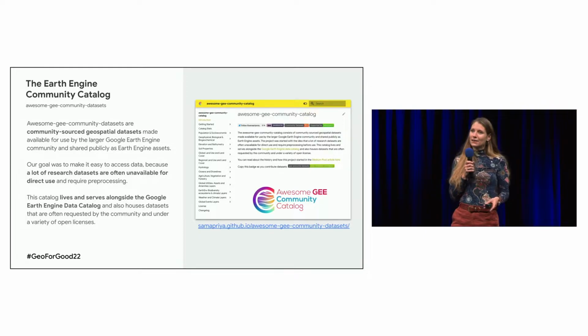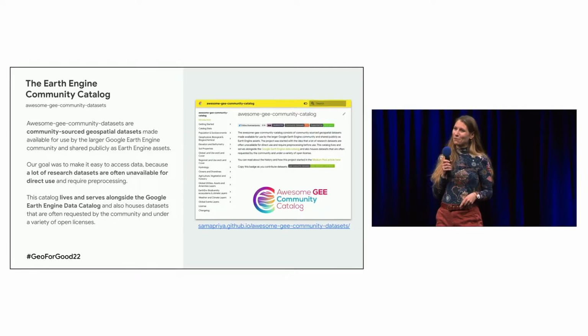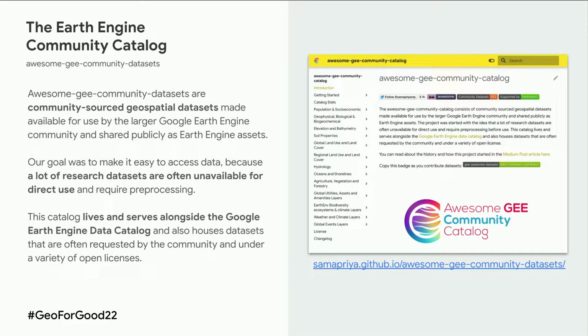It is outside of the data catalog proper, but it has all the same awesome features. These data sets have been ingested. We are working on the back end to some degree to keep them maintained and updated. We've got descriptions and some other great new features that we'll be announcing today. But most importantly, this catalog has been created by users and for users.